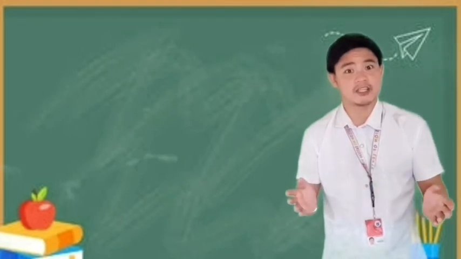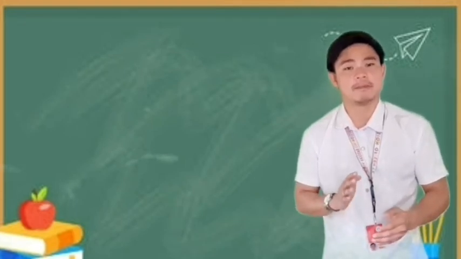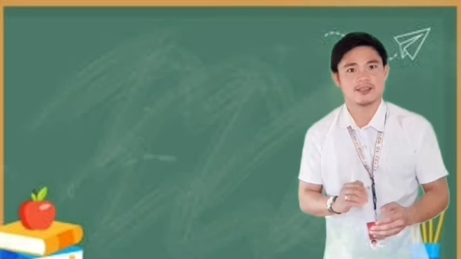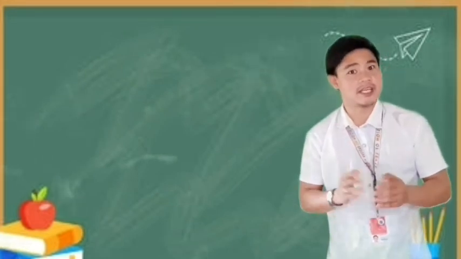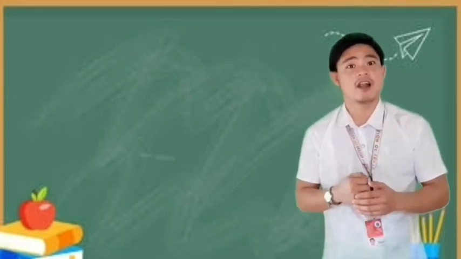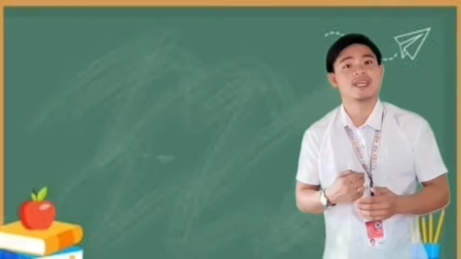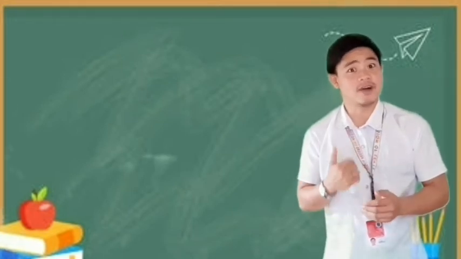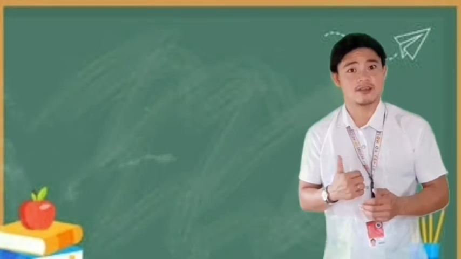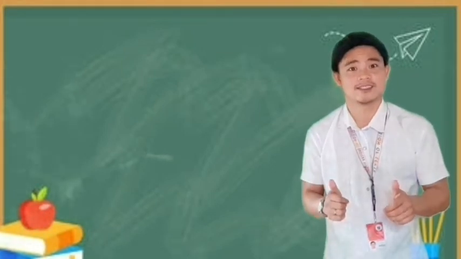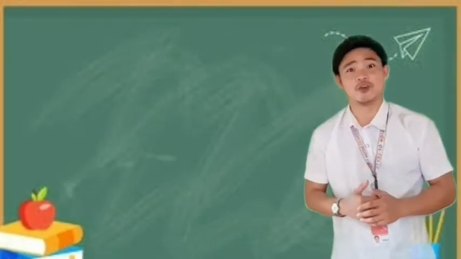Of course, that is right after 5 minutes. Take note, there are 2 answers in every item. Yes, sir. Just follow the direction. Are you ready? Yes, sir. Alright, you may now begin.